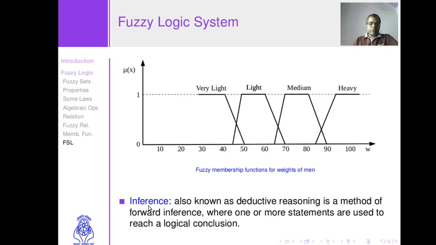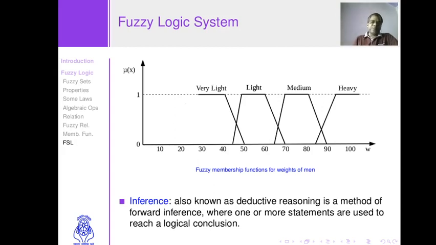Another well-known method is inference. Inference is also known as deductive reasoning. In this case we use one or more statements to arrive at some conclusion. We perform a kind of forward reasoning.